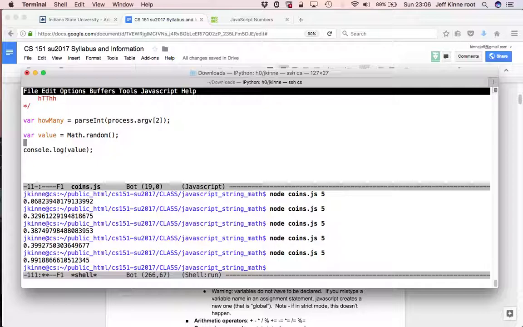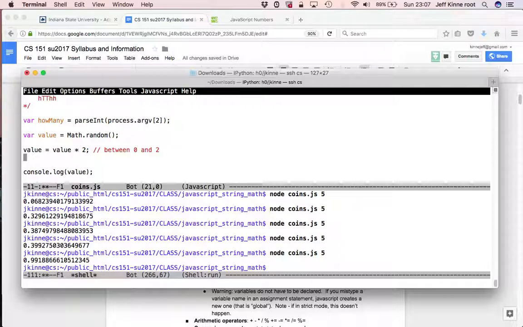So one way to make this into something that's either 0 or 1 would be to say value equals value times 2. Okay, so now this is going to be between 0 and 2, right?